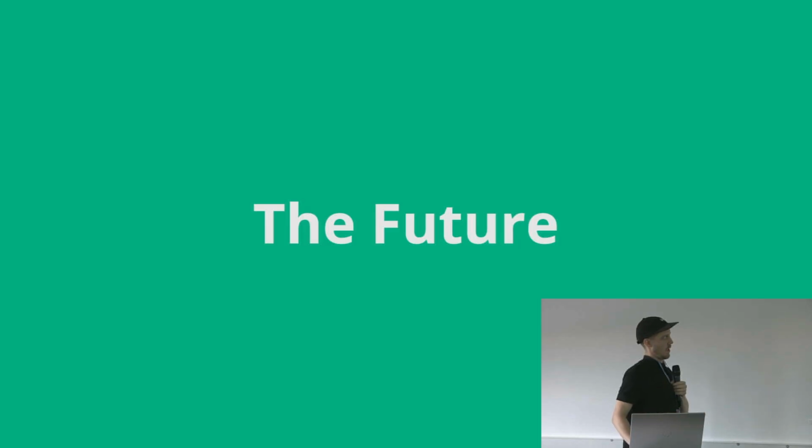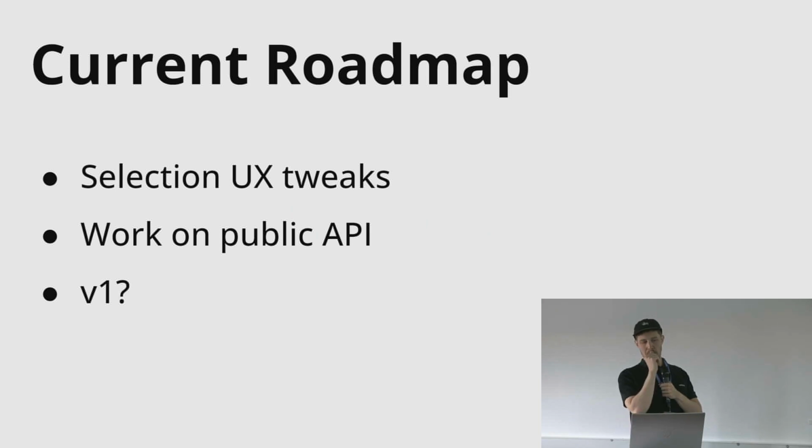So the future. The roadmap is relatively open-ended in the sense that I'm just trying to get a feel for what people want to do with it and where they want to take it. I've had some feedback around selection and wanting to tweak that slightly, so I'm going to be looking at improving the UX of the selection mode.